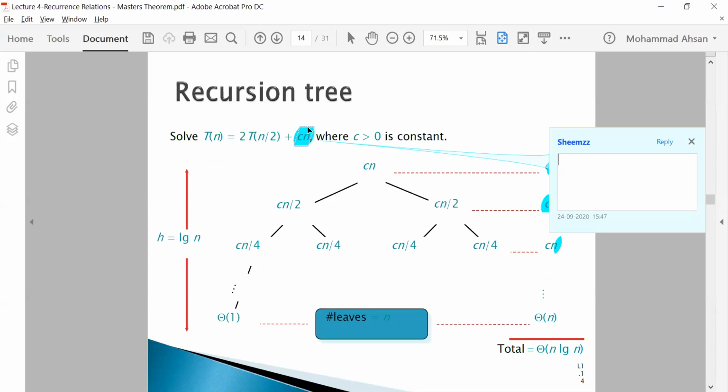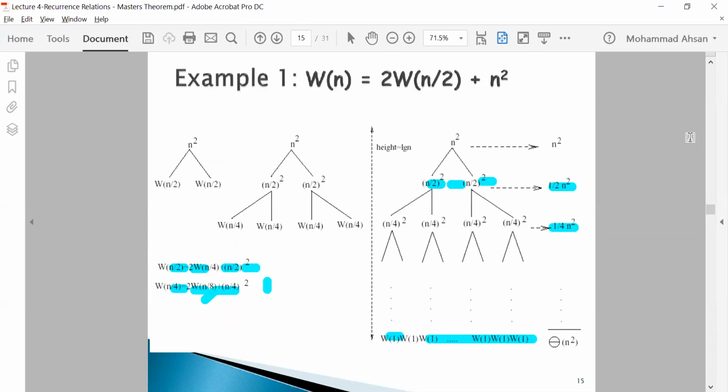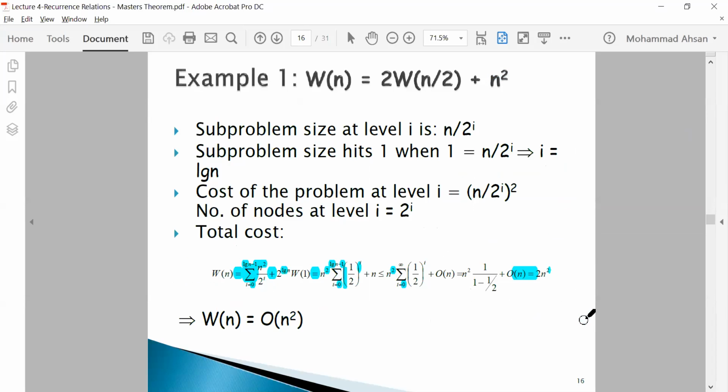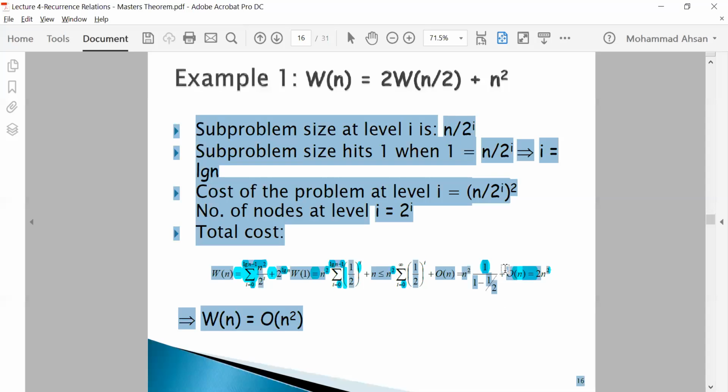This was this function f(n) in this case. If you see in this case, this function n squared here is what becomes one half of n squared. Like I said, in this case, you have to do the sum of this series, and this is the sum of the series.